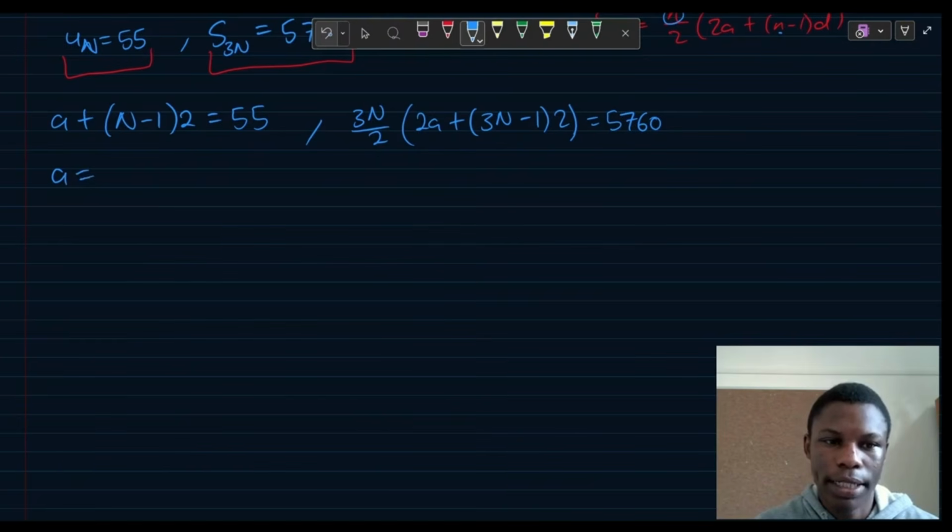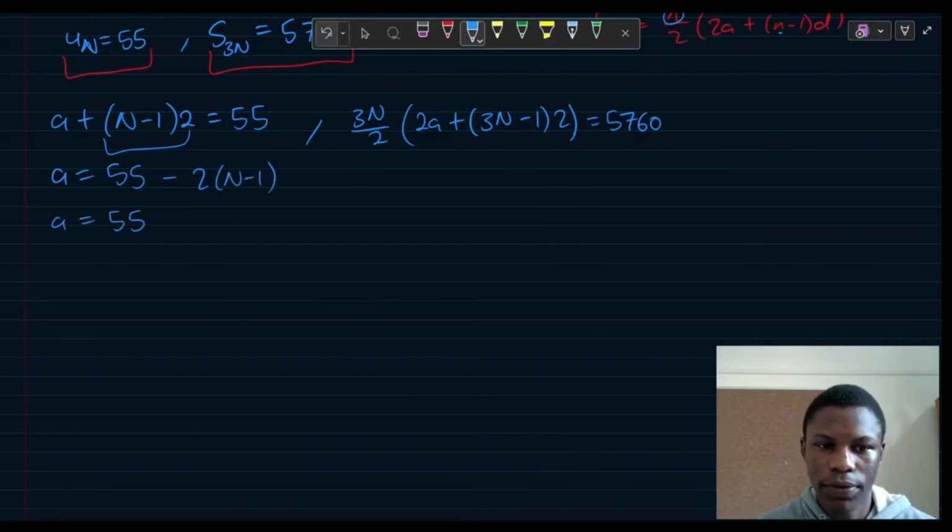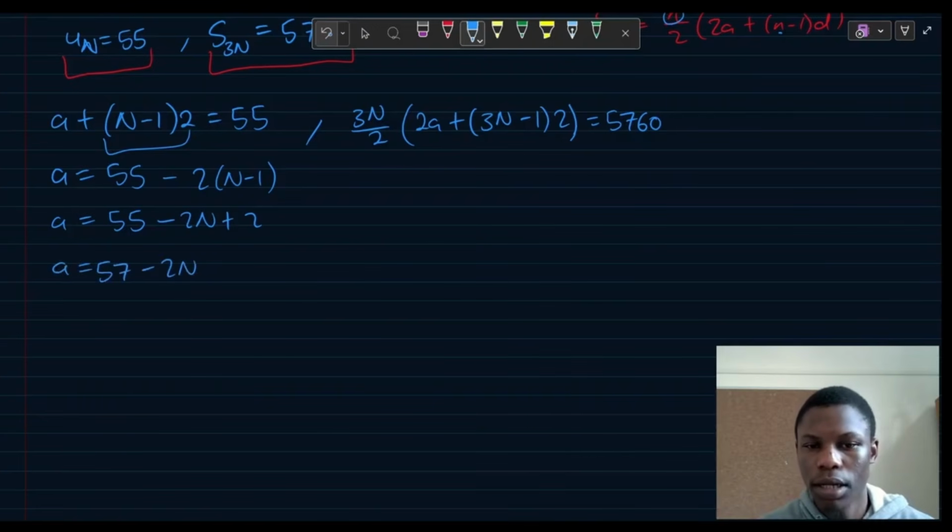So we get a is equal to 55, and then move this block to the right. So 55 minus the 2 times (n minus 1). In fact, let's expand that. So a is 55 minus 2 times n, minus 2 times minus 1, which becomes plus 2. So a is equal to 57 minus 2n.